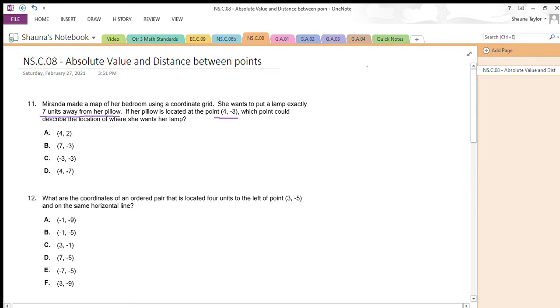So what my brain is thinking is I better draw on my sheet of paper a coordinate plane. And let's see, I see the number 7 and a 4 and a 3, so I'm going to try to make my lines all 7.